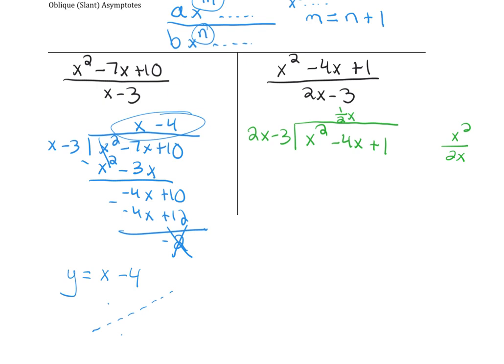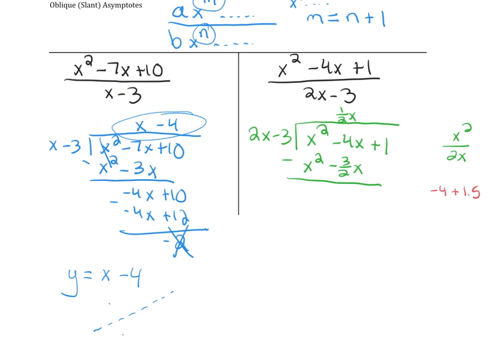And then multiply, so I'll have x squared minus 3/2 x, subtract. That's the same thing as negative 4 plus 1.5, which is negative 2.5 or negative 5/2.